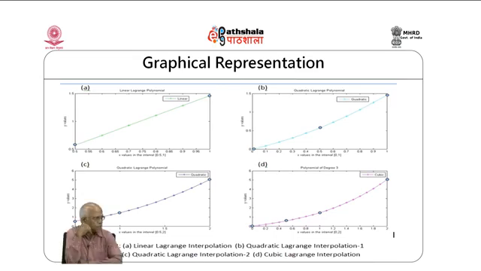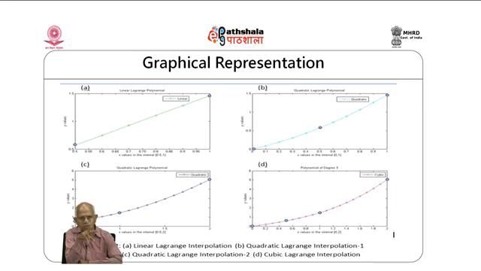Now, this graphical representation shows these interpolating polynomials on the entire interval we are considering. In the first case we are getting linear interpolation. The second case we get quadratic interpolation, and you can see that there is only one intermediate point. In the first case there are only two end points. In the second case we have got 3 points, one intermediate and two extreme points.